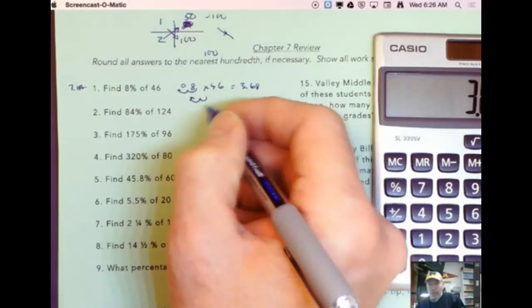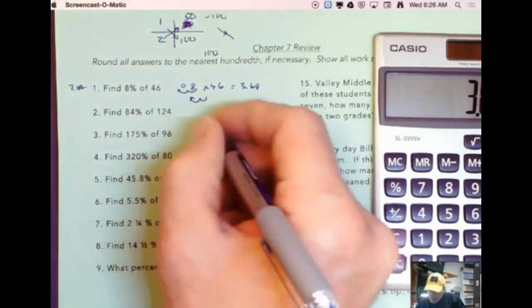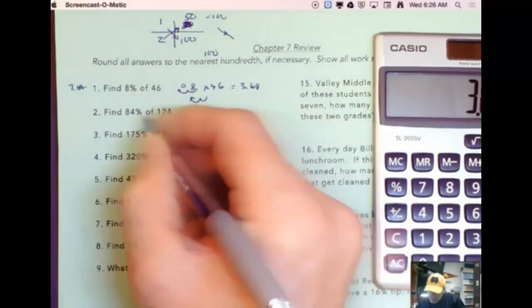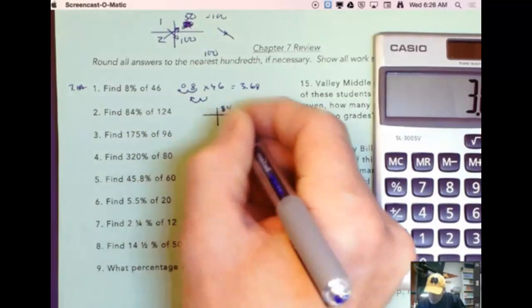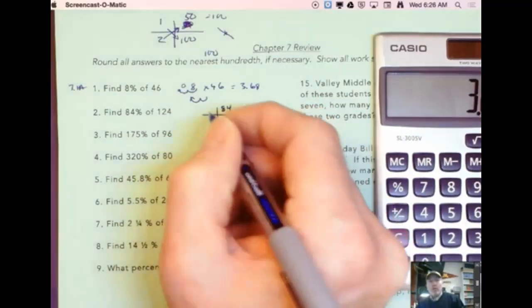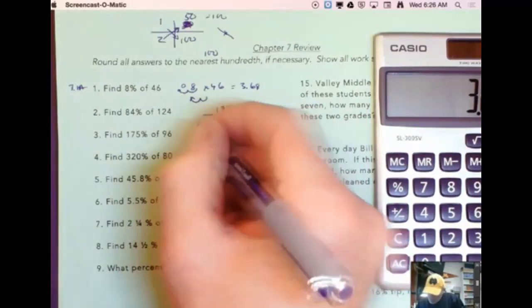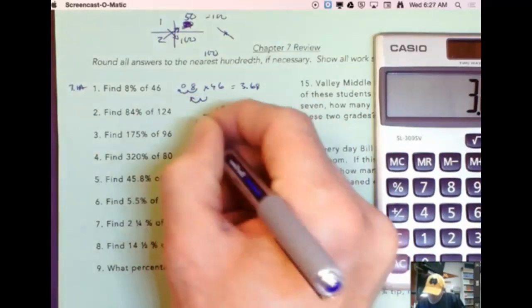Let me show you how you do a problem like this with the box. The box really does the same thing, it just divides at the end. So you put 84% over 100, because that's what 84% is. It's 84 parts out of 100. And then you put the "of" 124 right down here.